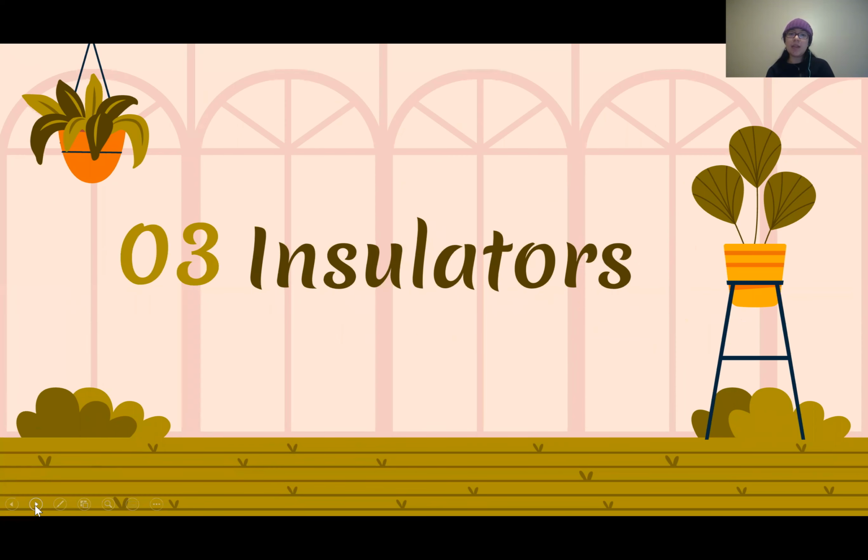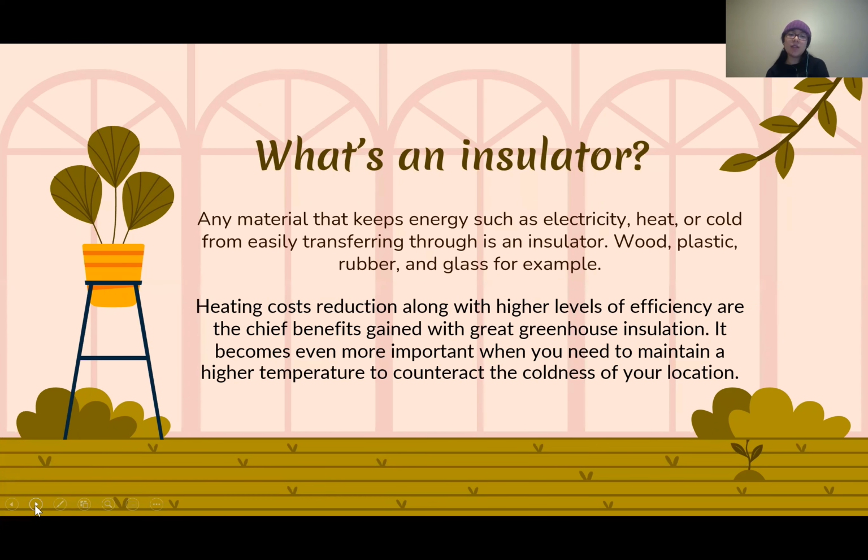Now let's talk about insulators. An insulator is basically any material that keeps energy, such as heat, from transferring through a wall. This wall can be wood, plastic, rubber, glass, basically any material. This is important because heating costs will reduce the efficiency and the cost benefits gained with the greenhouse.